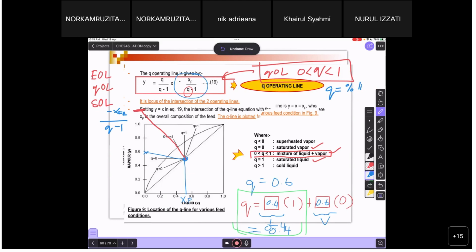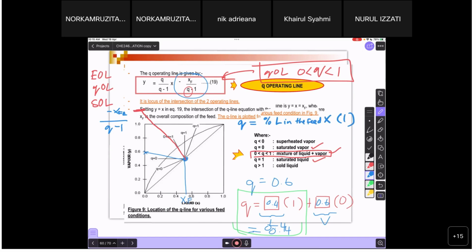I give you the easiest way lah for you to calculate. So you get your Q equal to the percentage of liquid in the feed multiplied with 1. Kenapa 1?